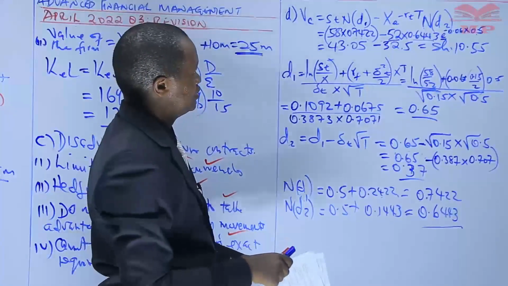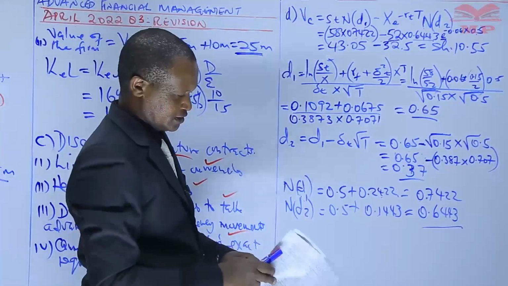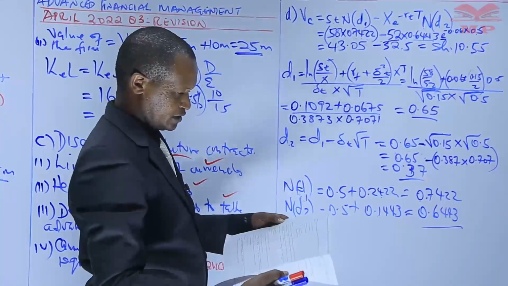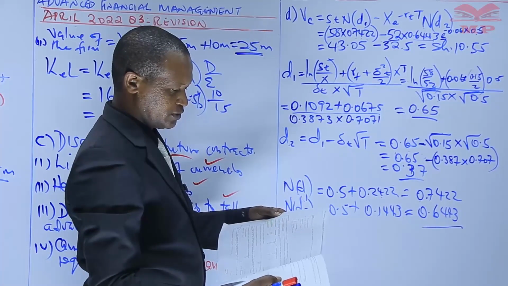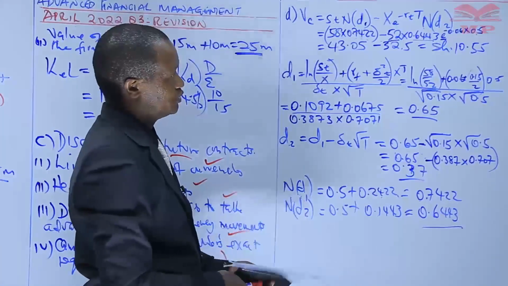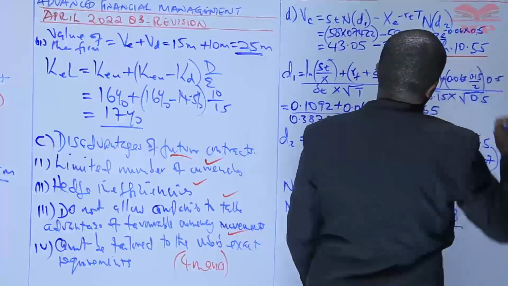That is the value of the call. The question is, using the Black-Scholes option pricing model, estimate the value of the call option. So the value of the call option is 10 shillings and 55 cents.